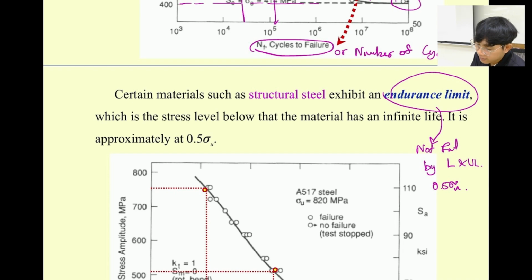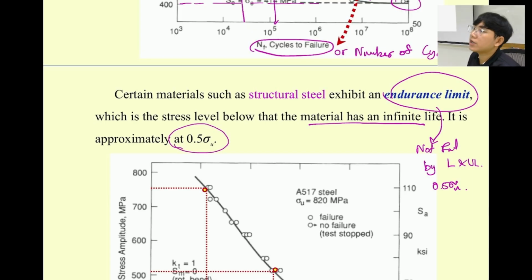So it's going to have an infinite life, which means there's no cycle limit to it. You can apply millions of times, 2 million times, it's still okay. So it's approximately 0.5 of the ultimate. That's why when we calculate the structural members in our civil engineering, most of the time we limit the structure to be at 0.5 yielding.